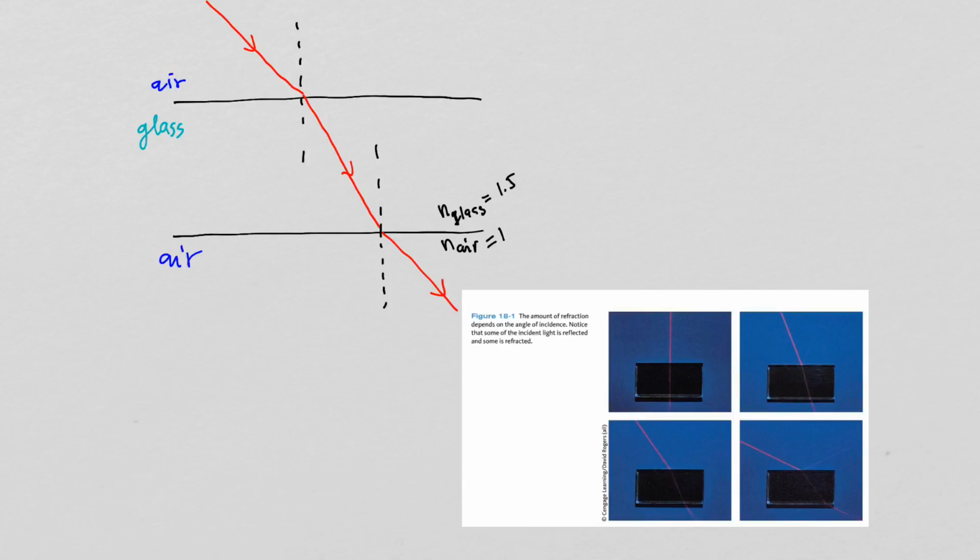So a question can be asked, why is the light changing direction of propagation when it enters a different medium? And the answer to that question is that the speed of propagation changes. So light has different speeds in different materials.